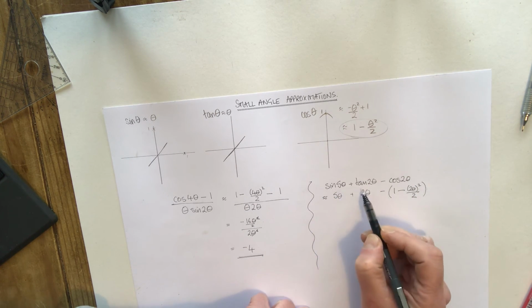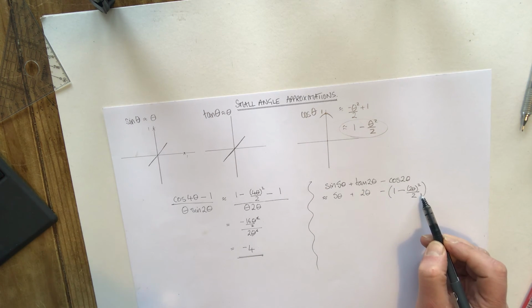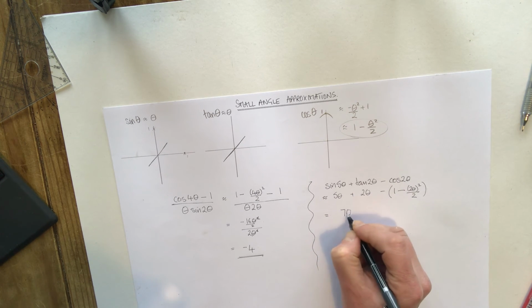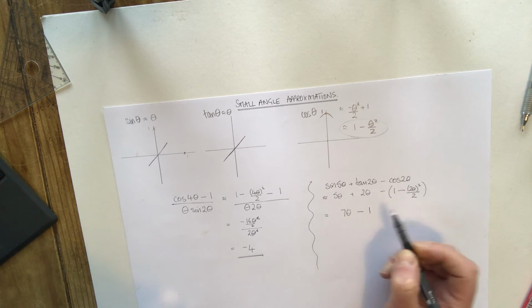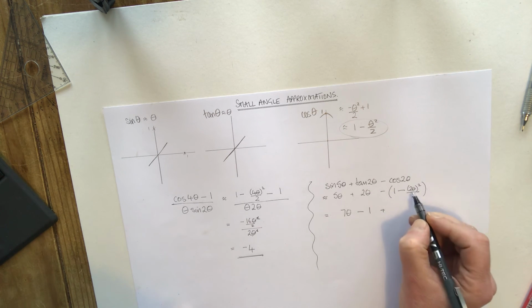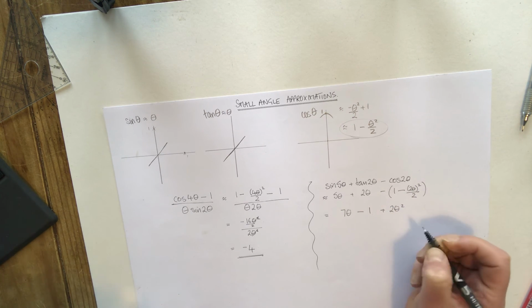So sine 5 theta plus tan 2 theta minus cos 2 theta is approximately equal to this when theta is very small. And that's equal to, okay, we've got 7 theta minus 1 plus 4 theta squared over 2, which is 2 theta squared.